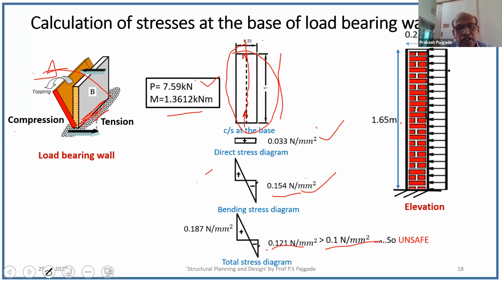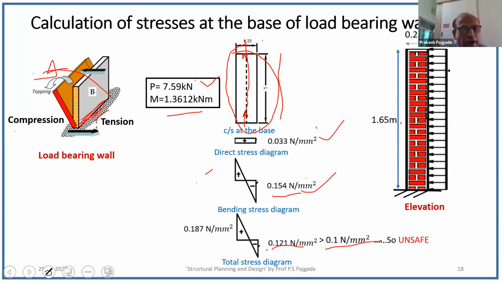Even if you construct a 230 millimeter thick freestanding wall for a compound wall, if height is only 1.65 meter, it is not safe. So what is the solution? We have to go for a thicker wall, or the best way is to go for frame structure. We have to construct columns at regular interval, and some beams or connecting copings will be required for making the compound wall safe.